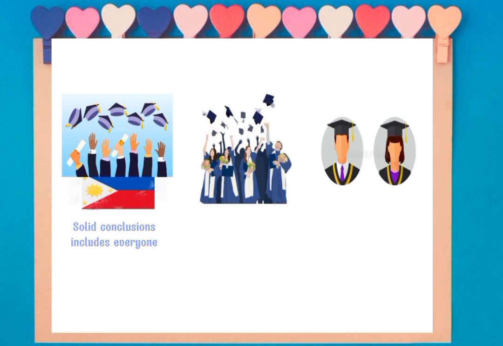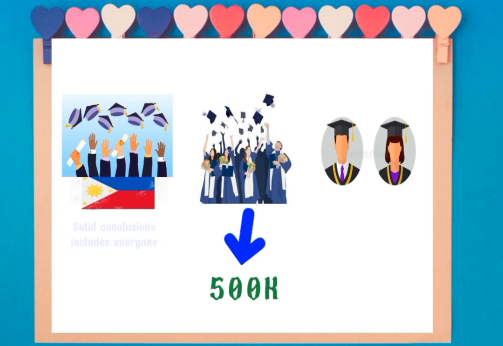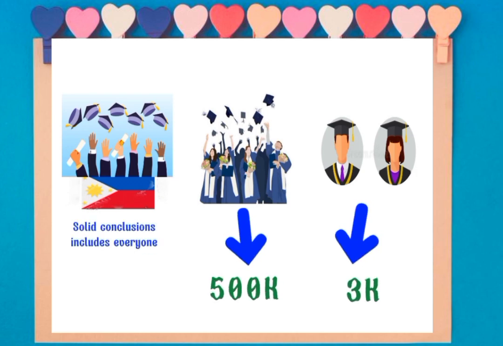You find out that each year there are over 500,000 people graduating from college, which means that your population size is almost 1 million. You decide to collect data from a sample, which is a subset of the population that is used to represent the whole population. Your team can now decide that you want to take a sample of 3,000 Philippine college graduates.